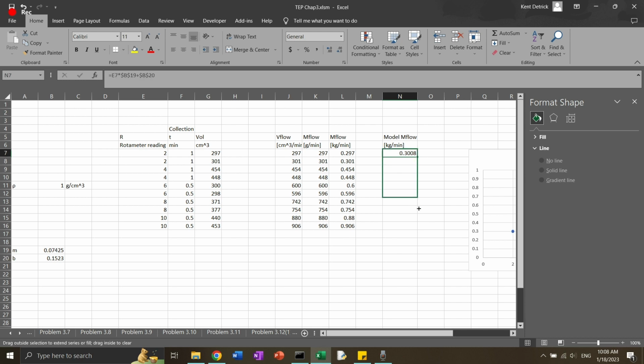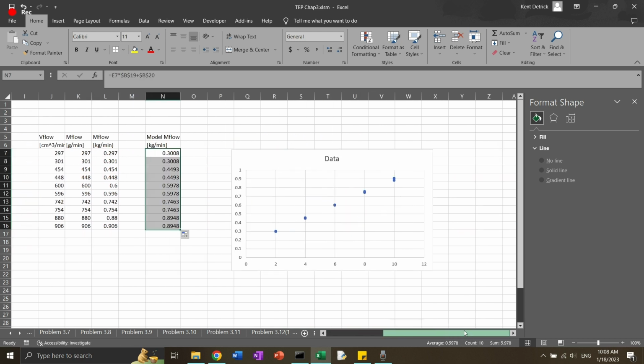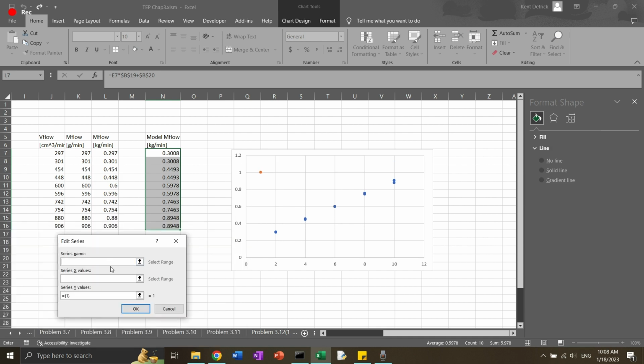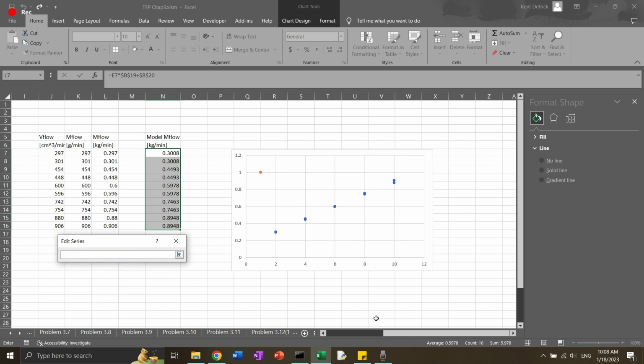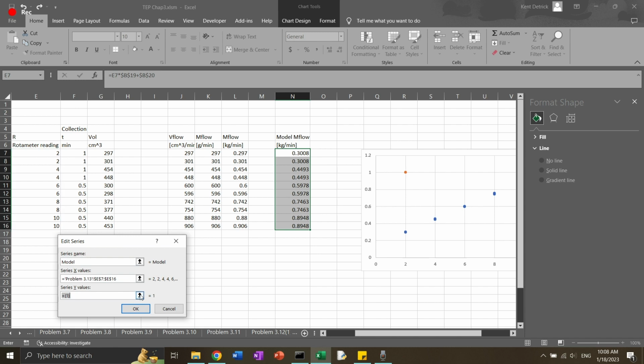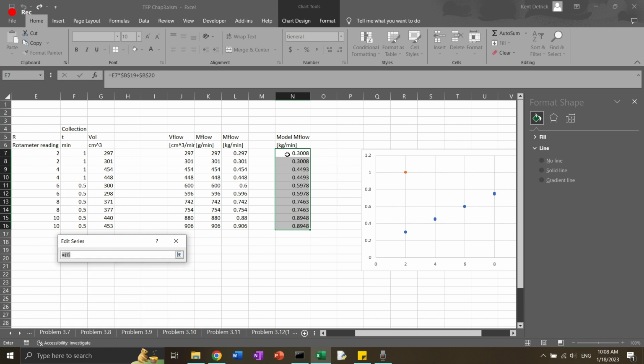Okay. And then we'll add our model to the graph and have our x values and our y values.